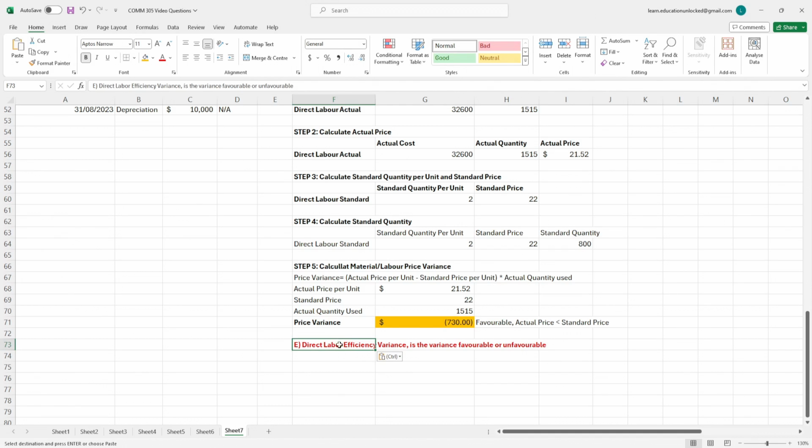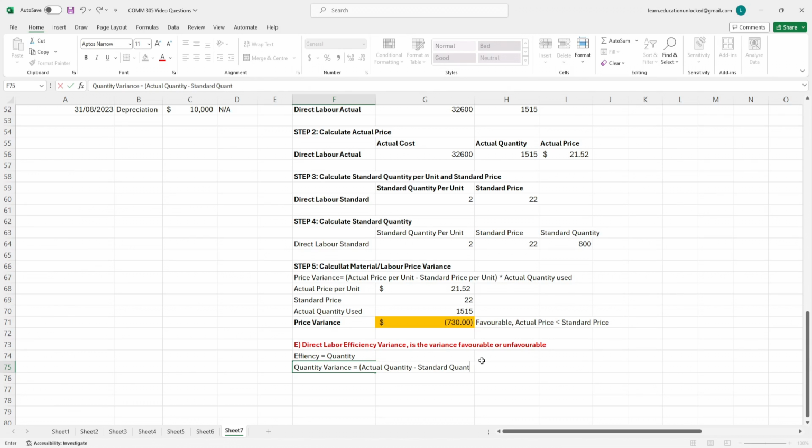And here's our last question. So E, direct labor efficiency variance, is the variance favorable or unfavorable? Just know efficiency is just another way of saying quantity. For quantity variance, once again, this is something you guys will have to remember for the formula: actual quantity minus standard quantity times standard price per unit. So I'll write down everything that we need.